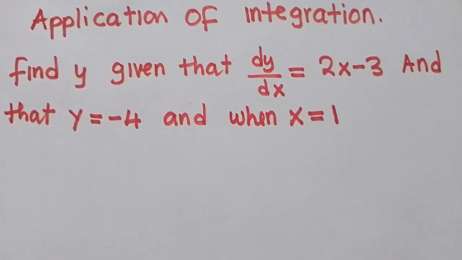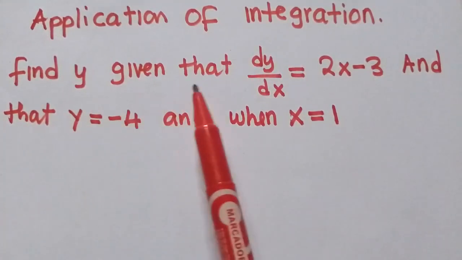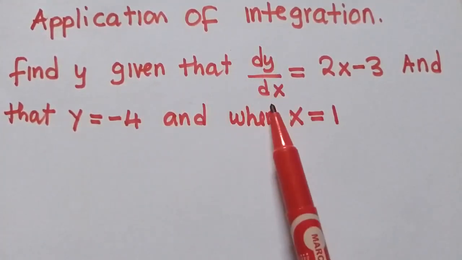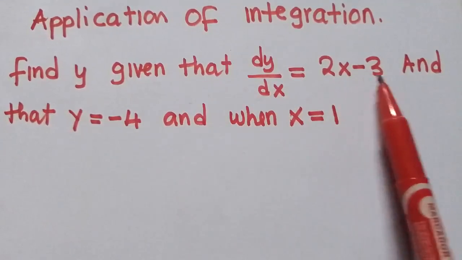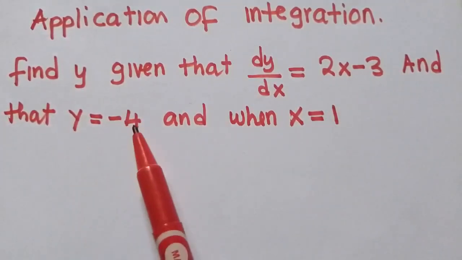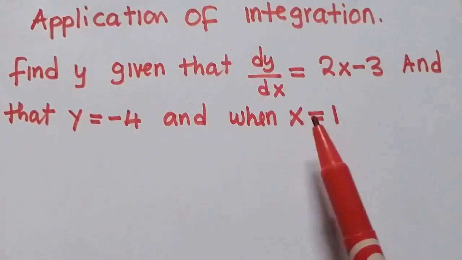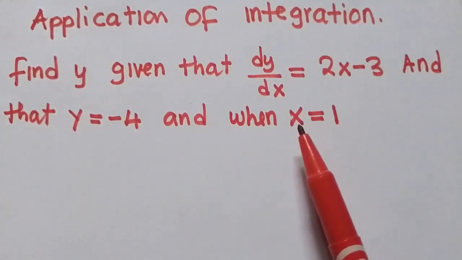So we've got the first question here, which is saying find y given that dy/dx is equal to 2x minus 3 and that y is equal to negative 7 when x is equal to 1. This is what we are given.